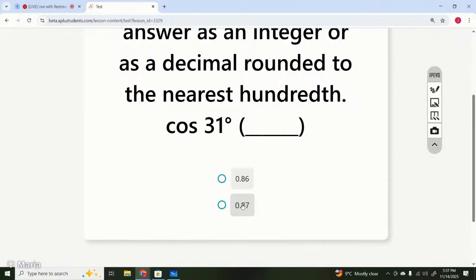So we need to evaluate cos 31, that is 0.86. Option number 1 is the correct option.